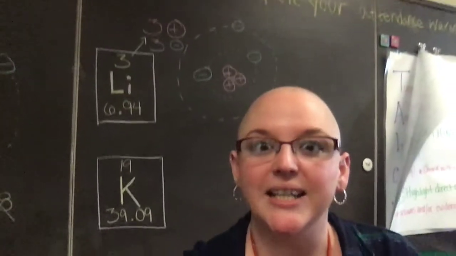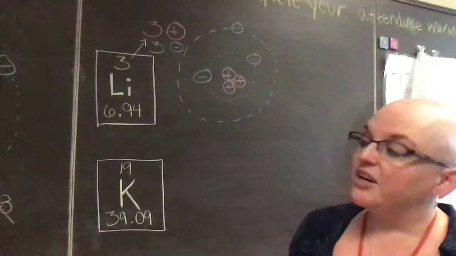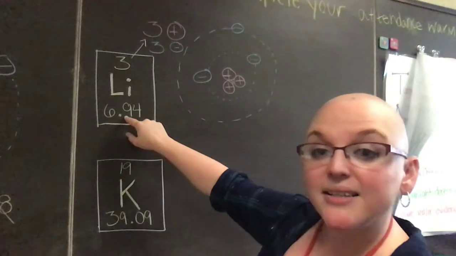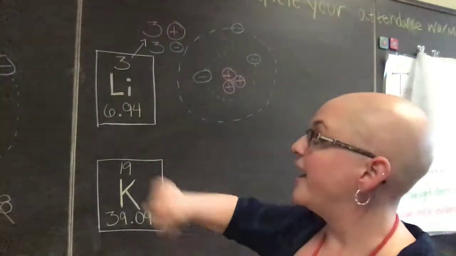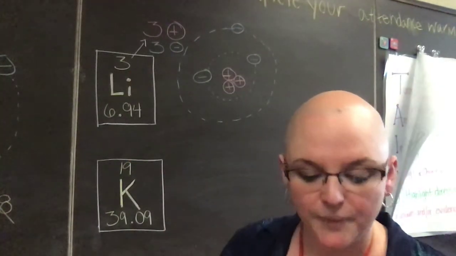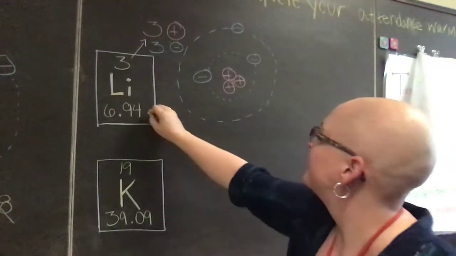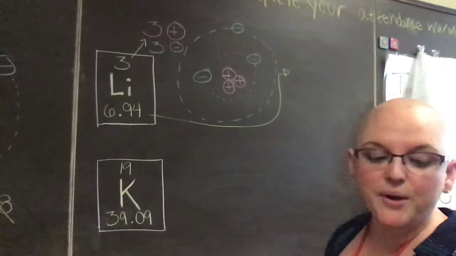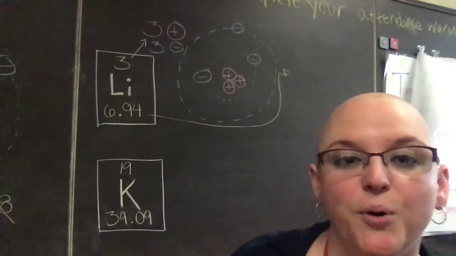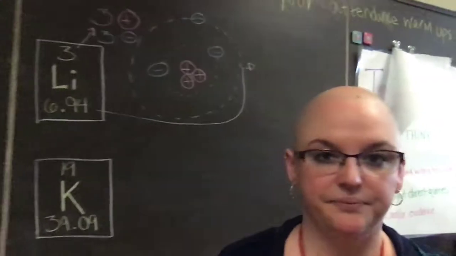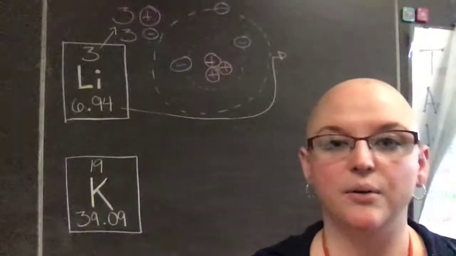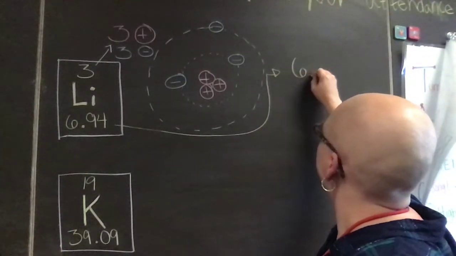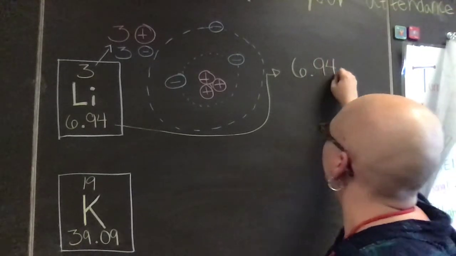Call that zooming in. All right. To figure out our number of neutrons, we need to take our mass, round it, and then subtract the number. So let's do that together. Follow me over here. Our mass of 6.94. Well, that seems a little complex. 6.94.